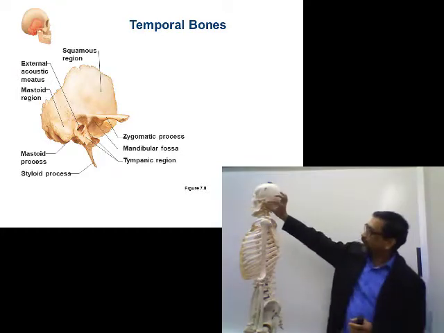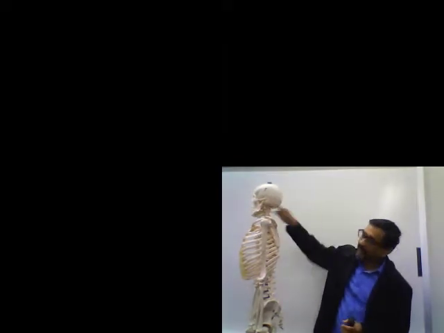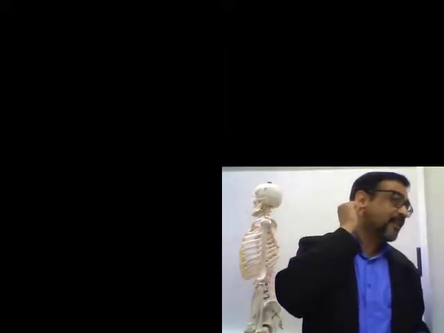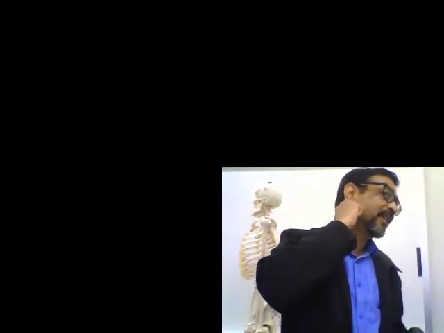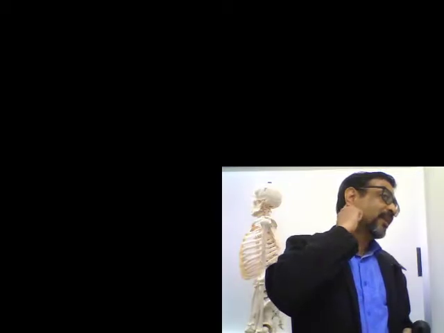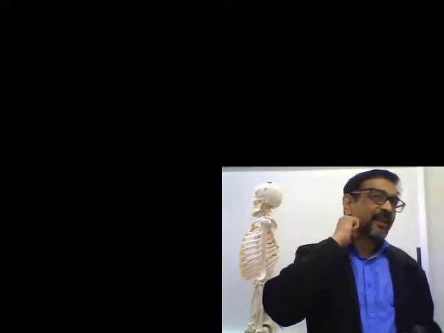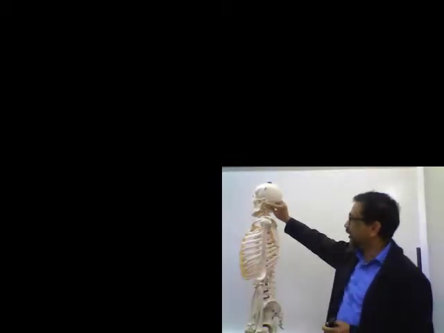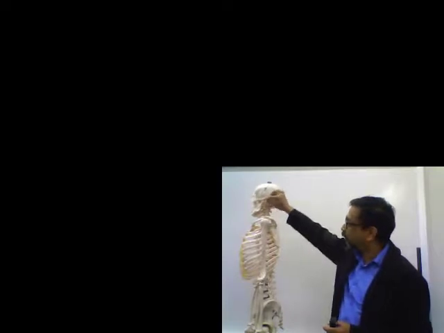Now this mastoid process, this one you can actually feel just behind your ear lobule. If you press, you see kind of elevated part, that is the mastoid process, right? And you know, sometimes if your doctor suspects or wants to test if you have ear infection, they will press on that, okay? Because there are sinuses here inside, some pus can accumulate there.